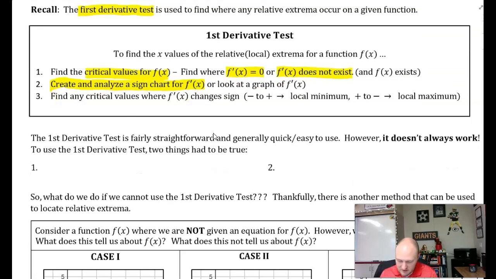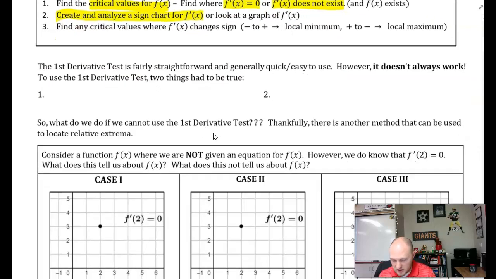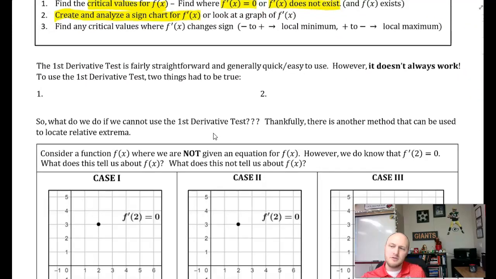Now, the first derivative test is fairly straightforward and generally quick and easy to use. However, it doesn't always work. We can use the first derivative test if two things are true. One, if we are able to find the critical values.